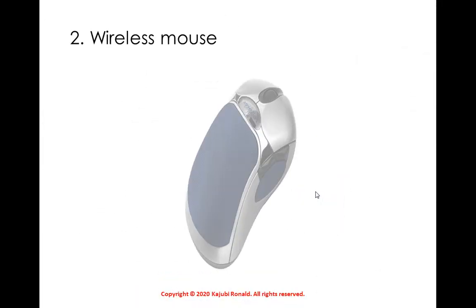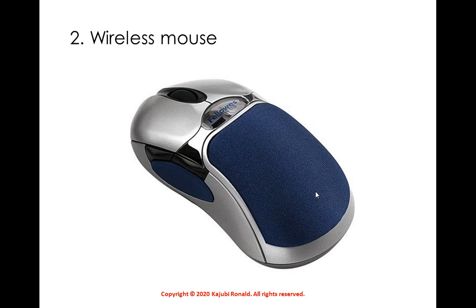Another example of a pointing device is a wireless mouse or a cordless mouse. That mouse still serves the same purpose as the other one you've looked at, having the cable. The other one had a cable around this area, but this one doesn't have. It has got a technology of working without being connected directly using a cable to a computer.